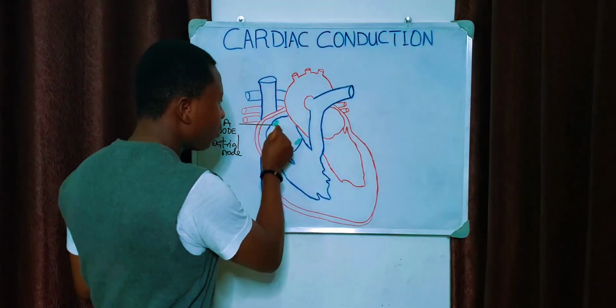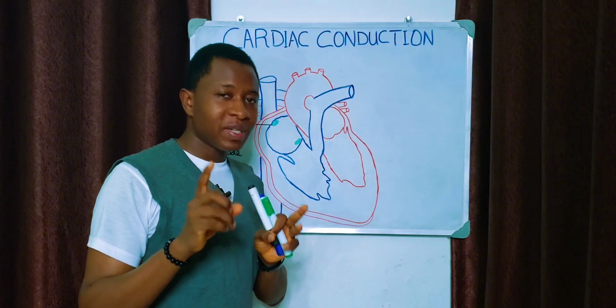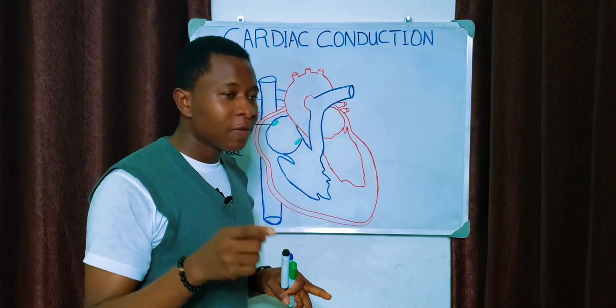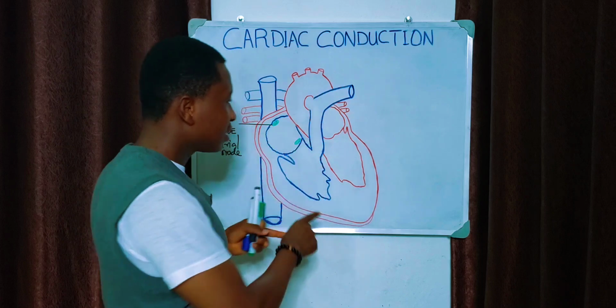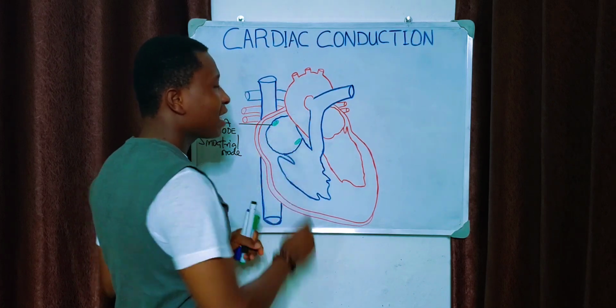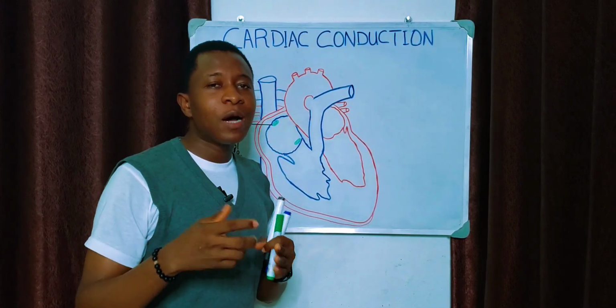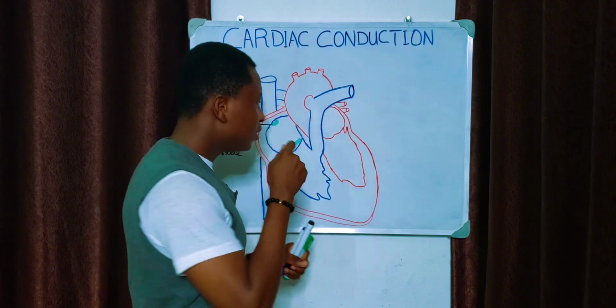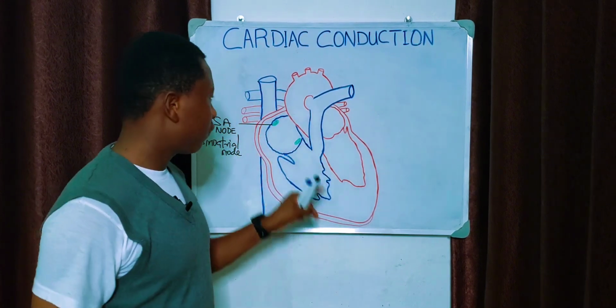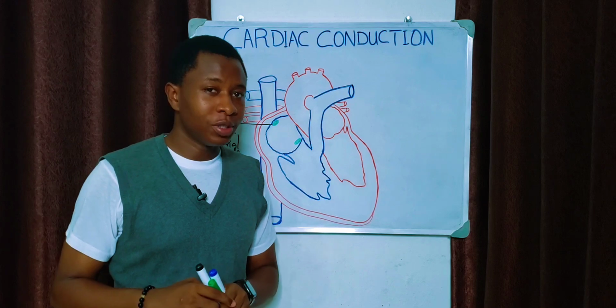Now, these cells are very specific in their action, in the sense that even though the brain does not send a signal to the heart, it can actually generate these signals by itself. That is one of the major characteristics of the SA node.